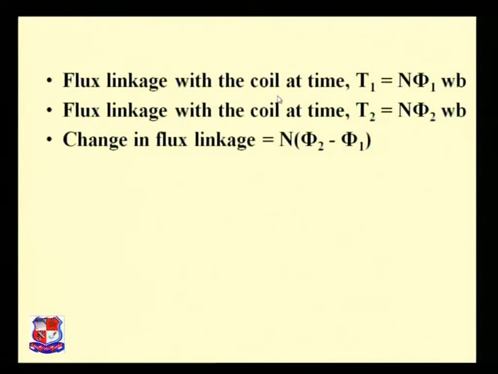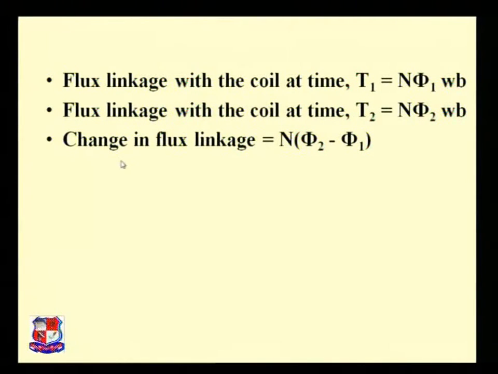Flux linked with the coil at time T1 is N phi1 Weber, where phi1 is the flux at the T1 position and N is the number of turns of the coil, that is when the coil is far from the magnet. And the second time, flux linked with the coil at time T2 is N phi2 Weber.